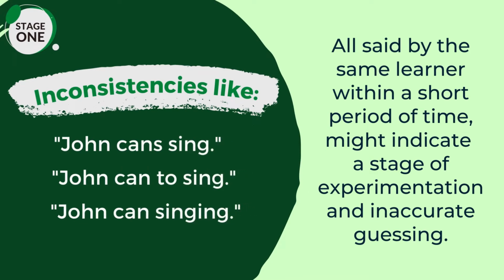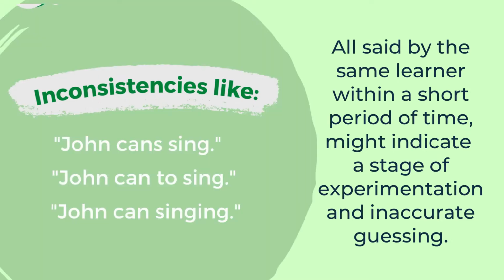Inconsistencies like "John can sing," "John can to sing," and "John can singing," all said by the same learner within a short period of time, might indicate a stage of experimentation and inaccurate guessing.